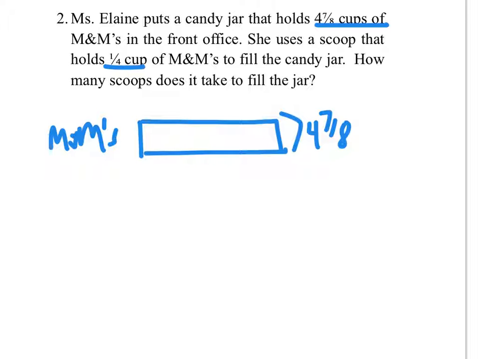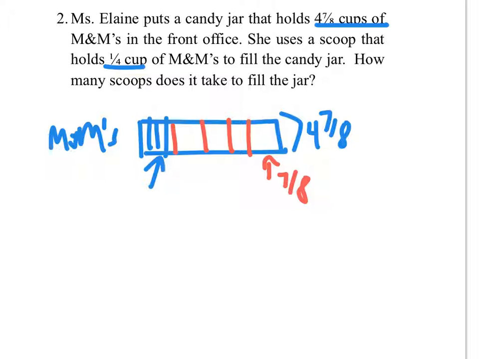So we could think of it this way, that we have 1 cup, 2 cups, 3 cups, 4 cups, and then this last one is 7/8 of a cup. Okay, so how many 1/4 of a cup do you get from here?